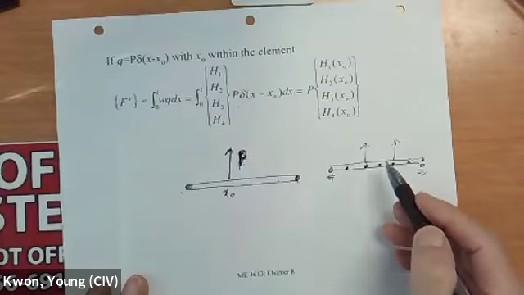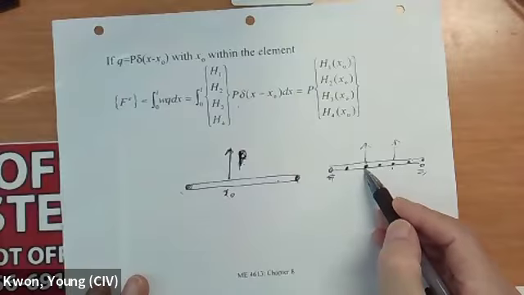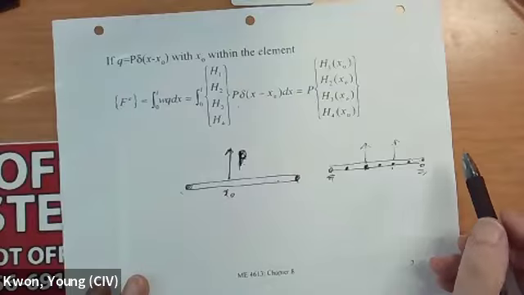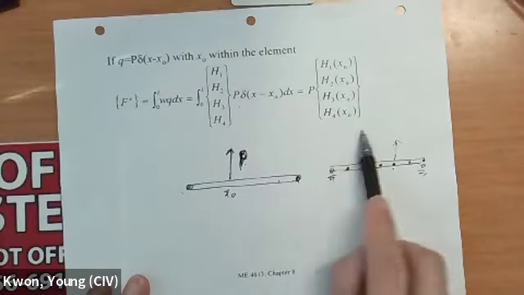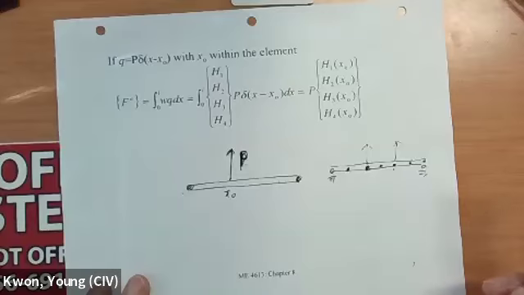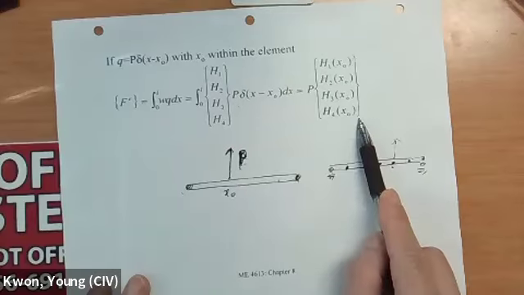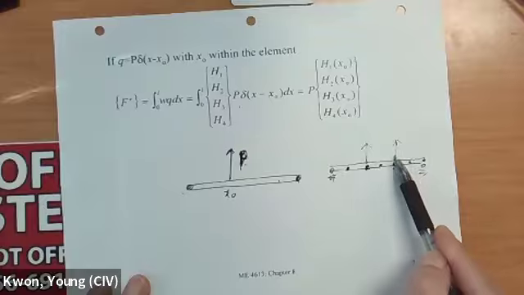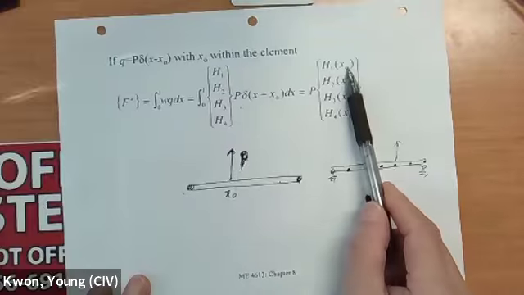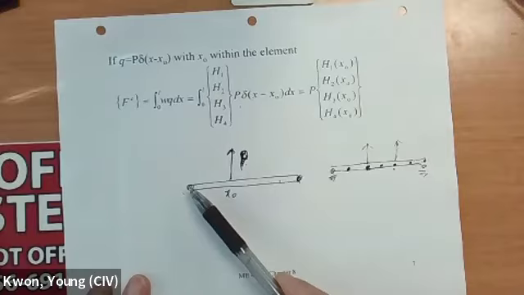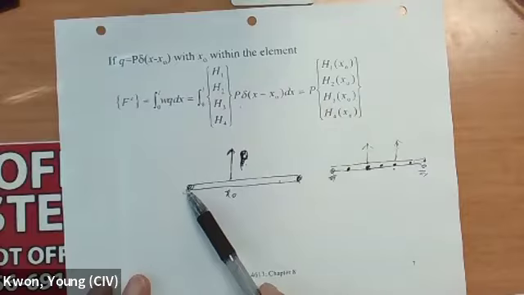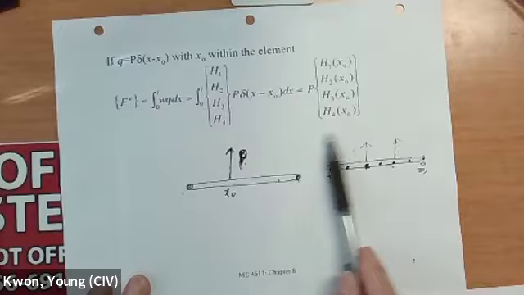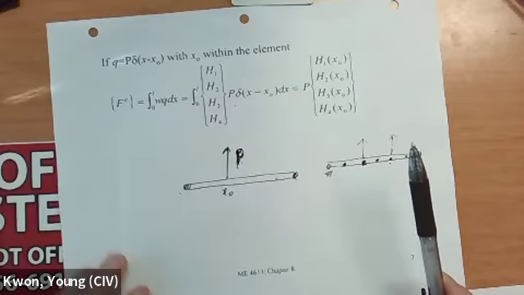But if you do not put the node at the location of the force, then you have to do this calculation. And this calculation also represents exactly these cases. In other words, if x naught happens to be equal to either this point or that point, that means the force is applied at either this point or that point. So this is very general.